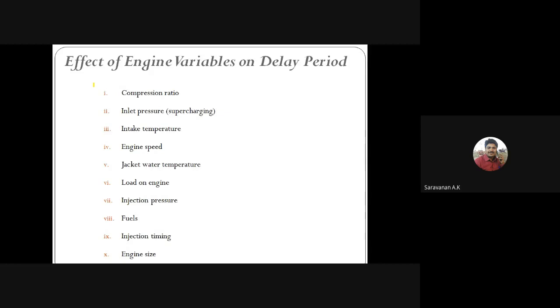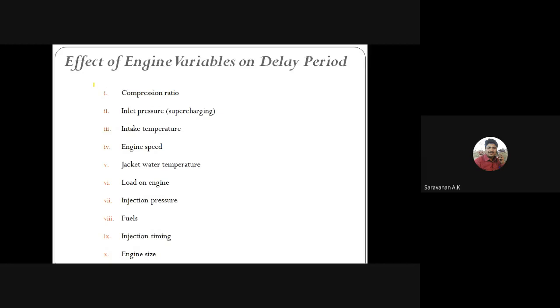Then the load: increased load on the engine reduces the delay period. The air-fuel ratio decreases with the increase in operating temperature. Then the injection pressure, the fuel injection timing, and the engine size.